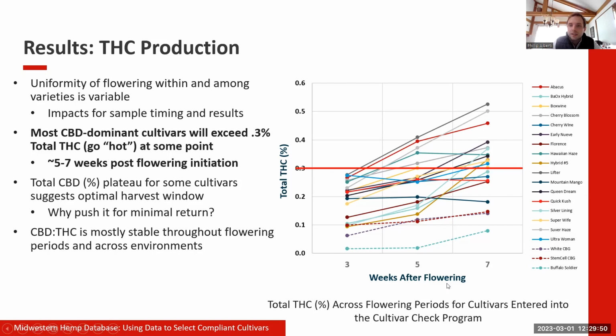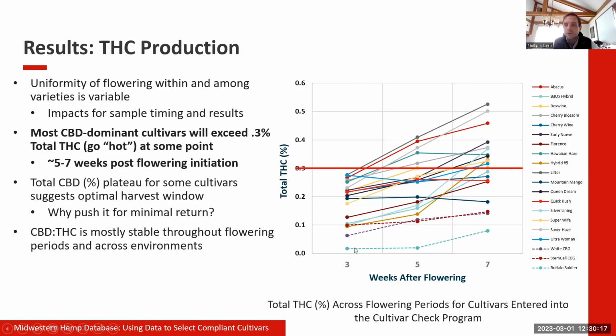The data presented here is presented in such a way that for each variety at each time point, the value is an average. And I can talk more about why we decided to show the information in that way. Basically because the impact of location and flowering periods were not significant, so we took them as averages across all data points. But this allows us to see which genetics have more potential to go hot and when they do.